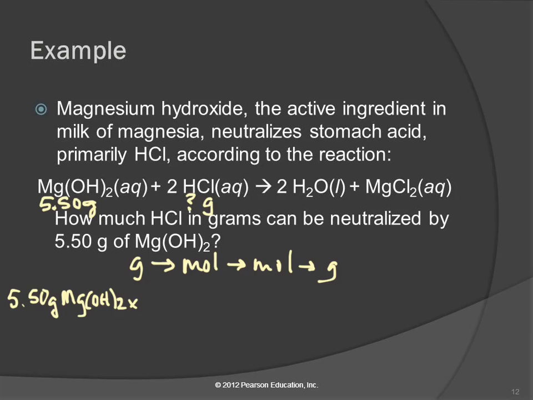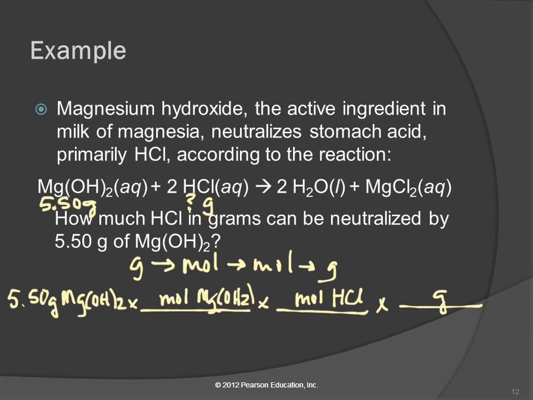And we're going to multiply by moles of magnesium hydroxide, because we're going grams to moles. And then we're going to change that to moles of the thing we're interested in, which is the HCl. And then grams of HCl. So I cheated a little bit here. I didn't write the compounds in here.